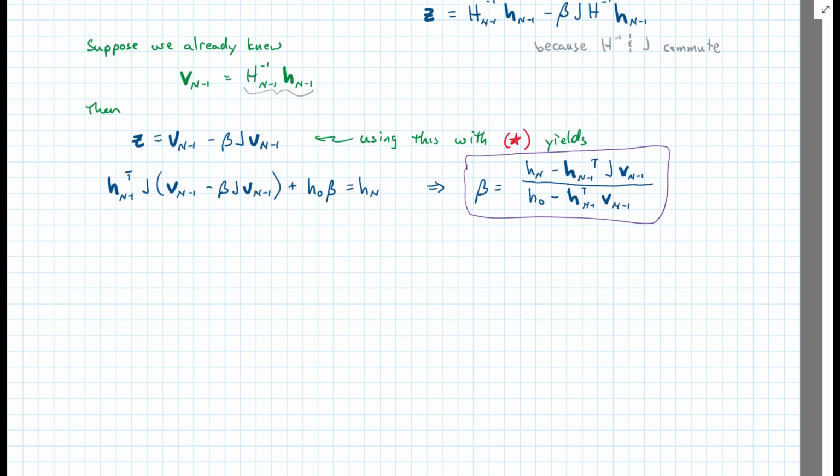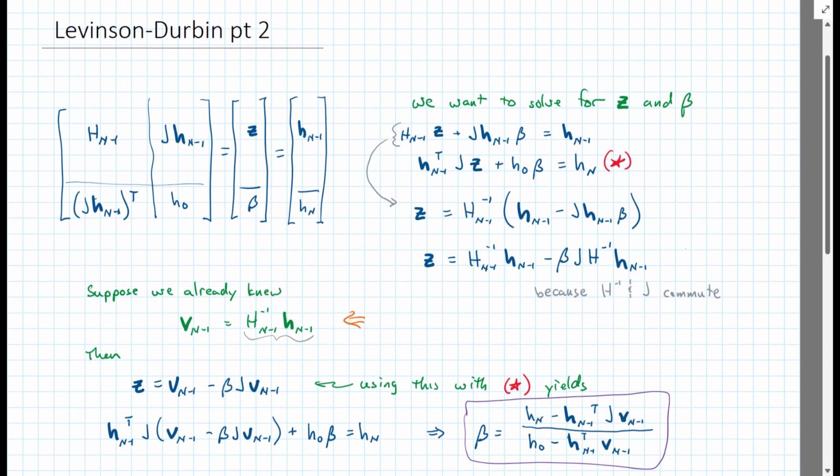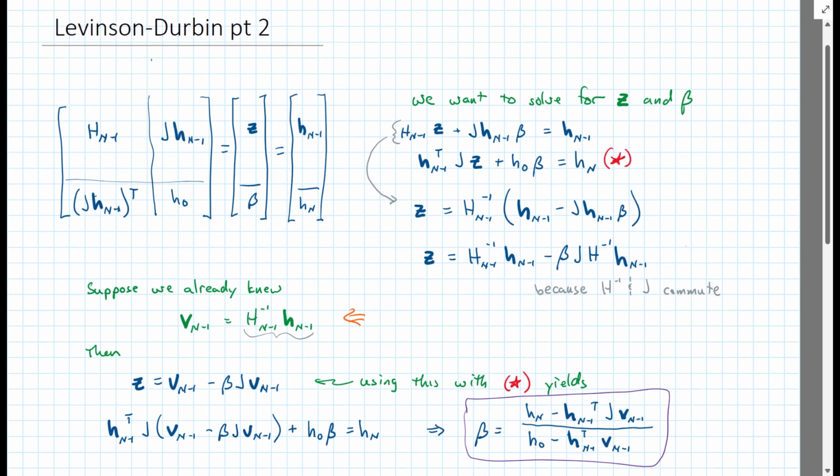Okay, it's important to take stock right here and notice that this is essentially the solution to the problem of order n minus 1 instead of order n. So up here, we might do well to put this here.